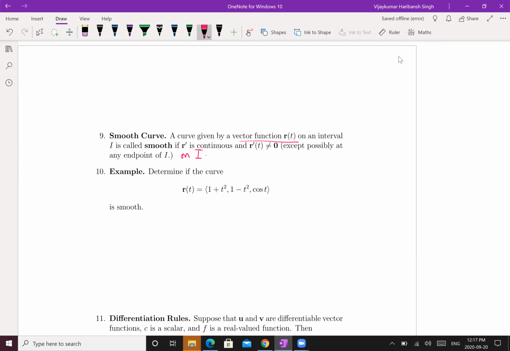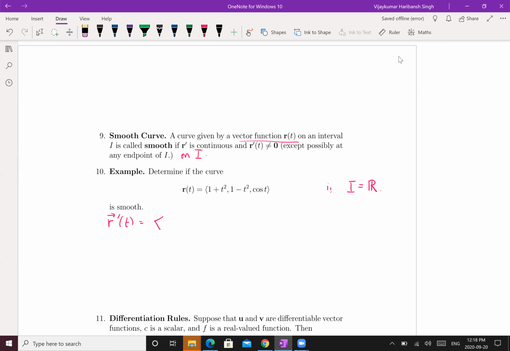So determine if the curve given here is smooth. What do we need to decide? We need to see if r prime t is continuous, and if r prime t is not 0 on I. Here I is not given, so we'll consider the whole domain, so I equals R. So let's first compute r prime t. The derivative of 1 is 0.